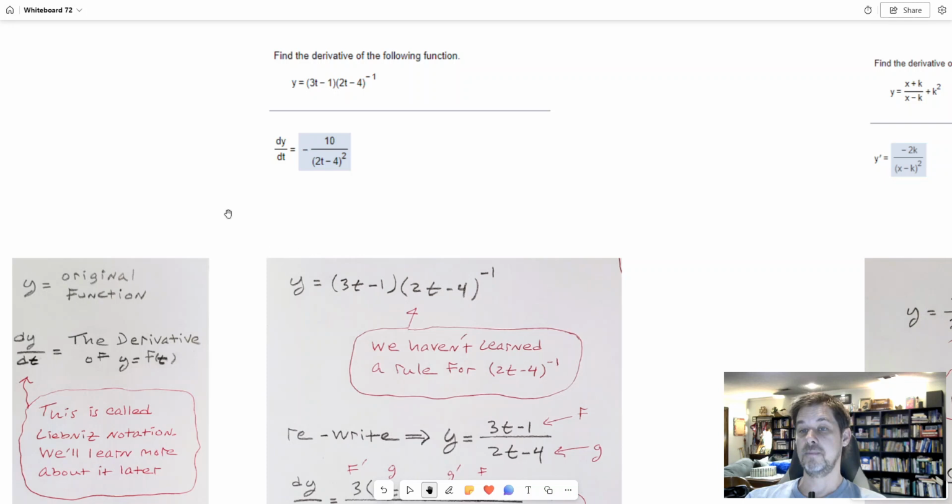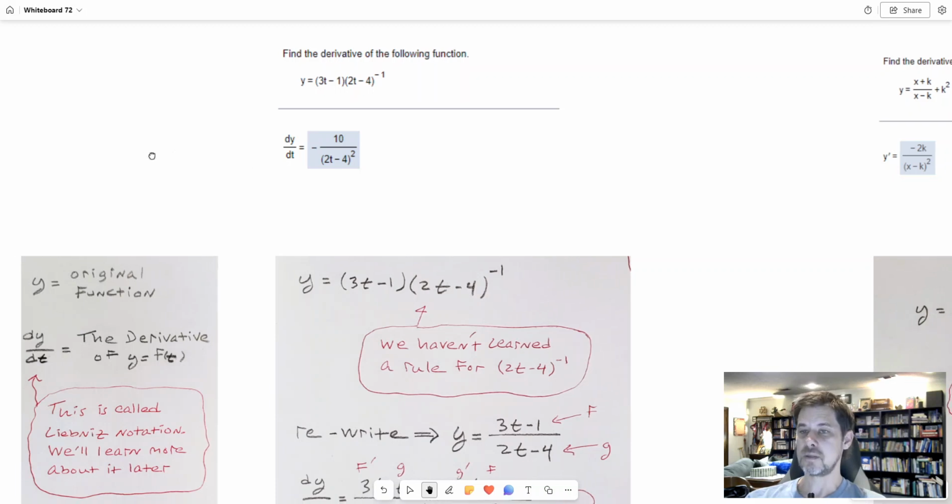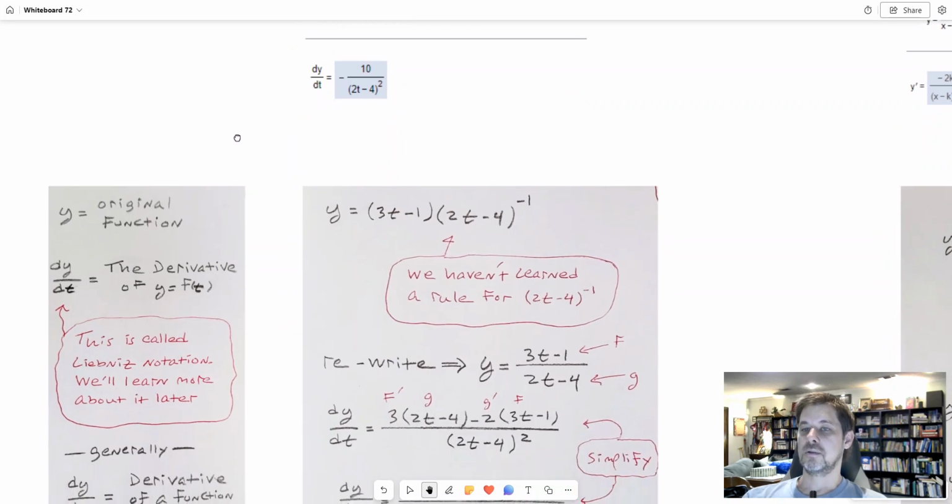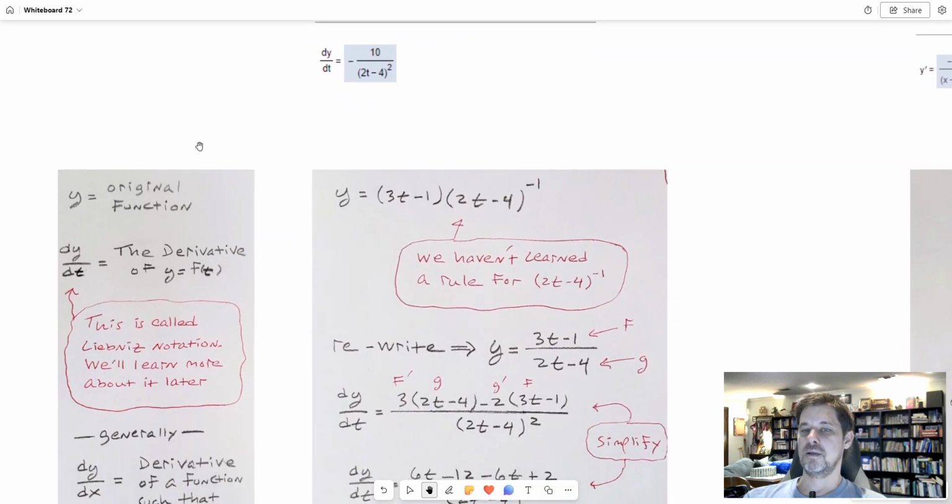Okay. Before I do that, notice this dy over dt symbol. I haven't used it yet, at least not in my videos. I haven't shown you what that is yet, so let me tell you just a little bit about it. It's something that we'll cover in more detail later. The situation here is that y is the original function.